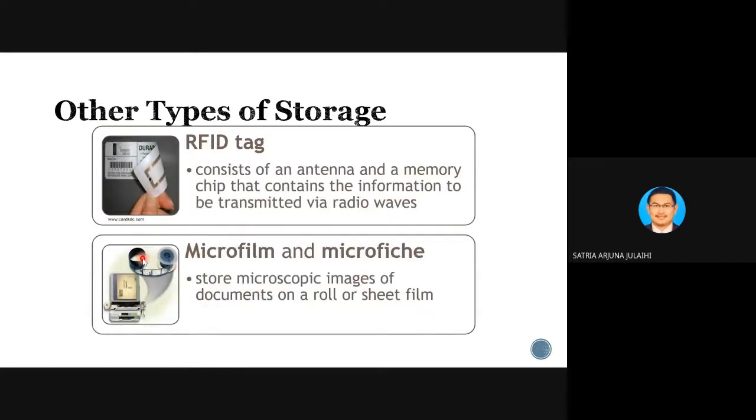The next one is the RFID tag, radio frequency identification. It consists of an antenna and a memory chip that contains the information to be transmitted via radio waves.